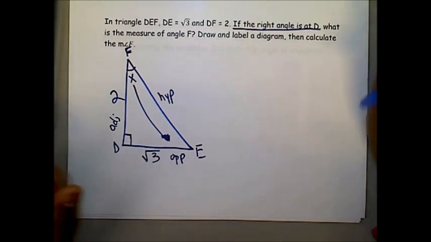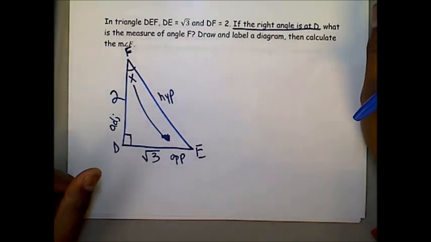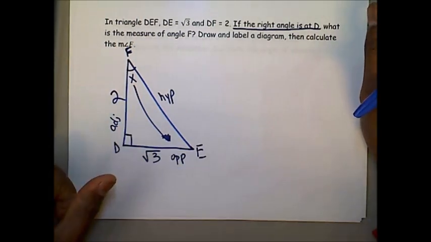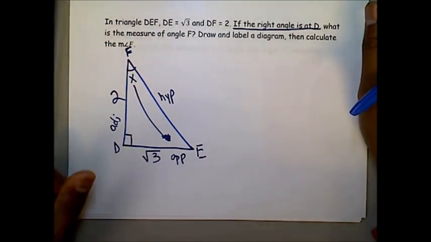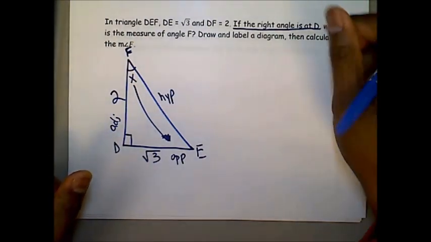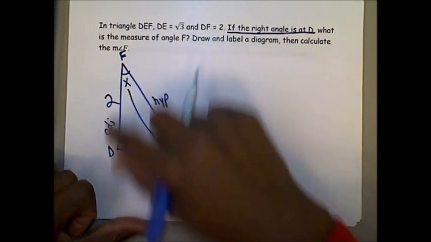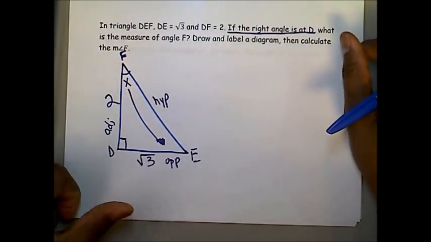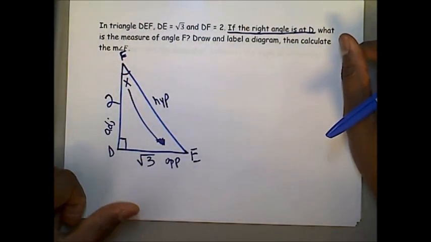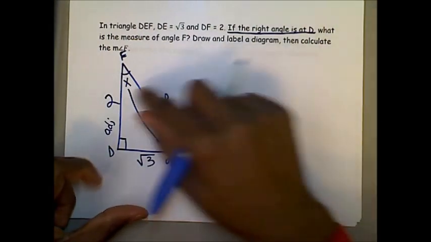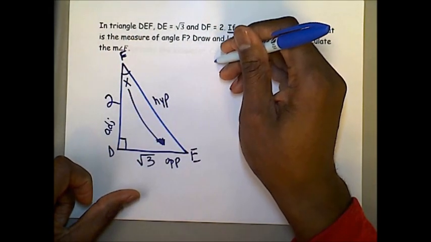So what trig ratio requires the use of opposite and adjacent sides? Well, that would be tangent, right? And remember, we're not looking for a side, so we're not just going to use regular tan. We're going to use tan inverse. So I set my problem up as follows.